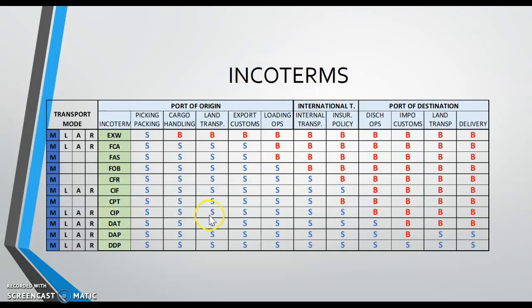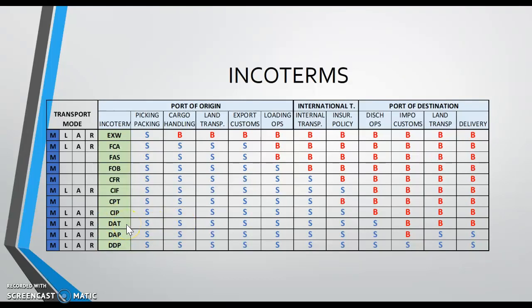Carriage and Insurance Paid To. These both are similar to CFR and CIF, but this is for land transportation and also air transportation. And these three include that the seller performs operation at destination port.